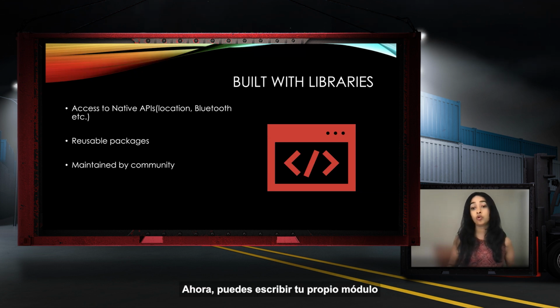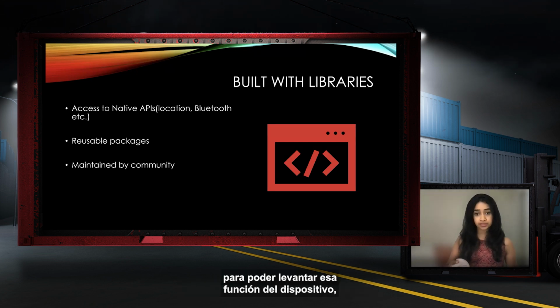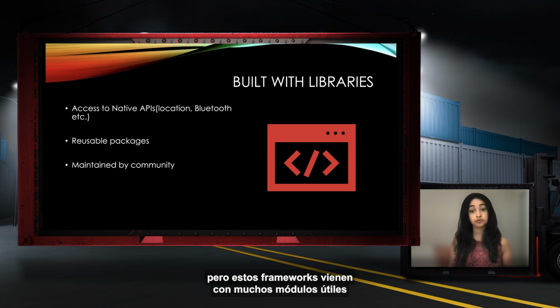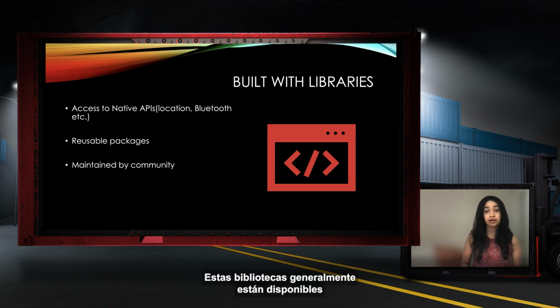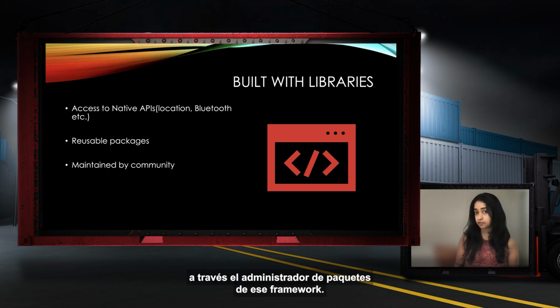Now you can write your own module to be able to lift that feature from the device, but these frameworks come shipped with a lot of such useful modules that you can just plug into your app and start building your app. These libraries are usually made available through that framework's package manager.